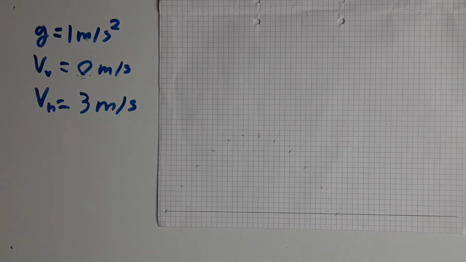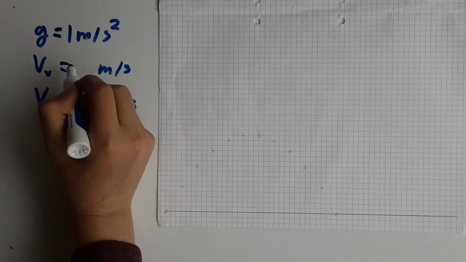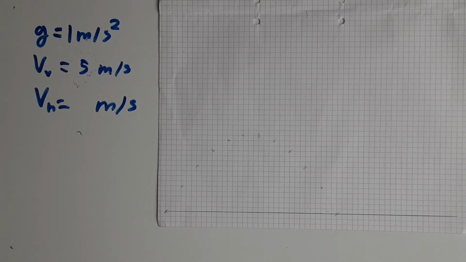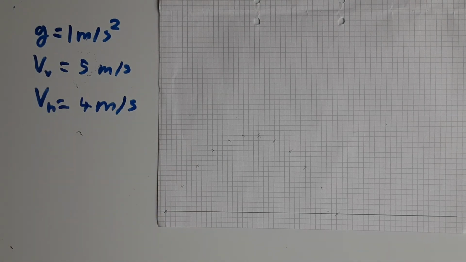If we change the horizontal velocity, our initial vertical velocity was 5 meters per second, if you remember. If we change our horizontal velocity to, let's say, 4, it was 3 before, our flight would actually take the exact same amount of time, because the only thing that determines the time it takes for the object to hit the ground after being thrown is the vertical velocity.